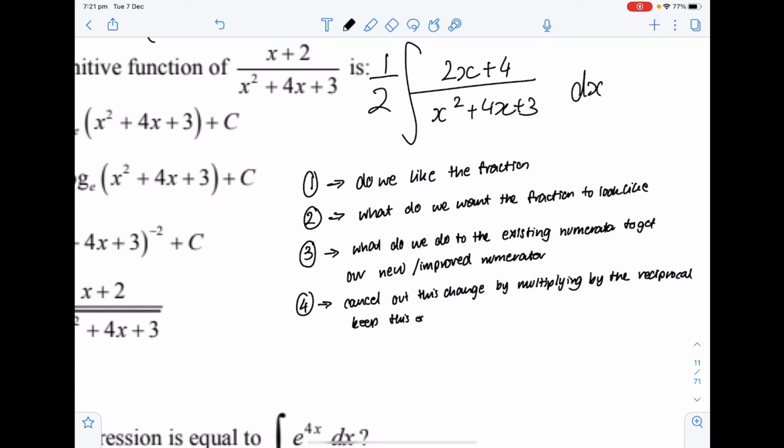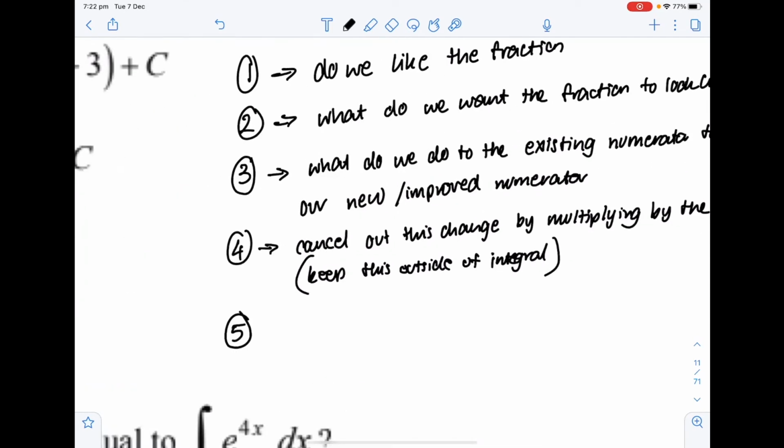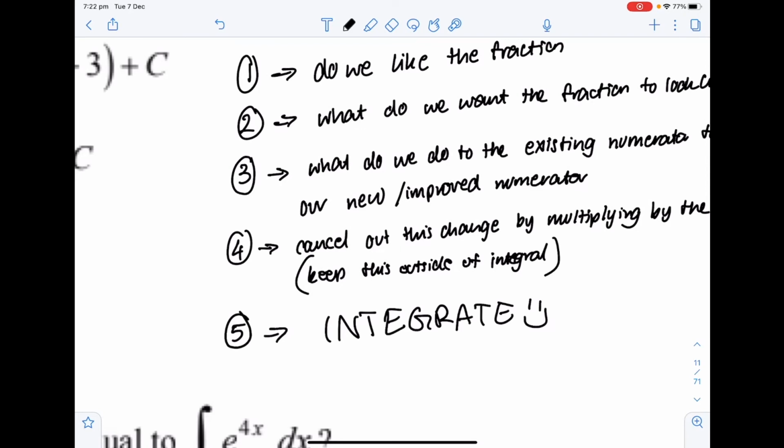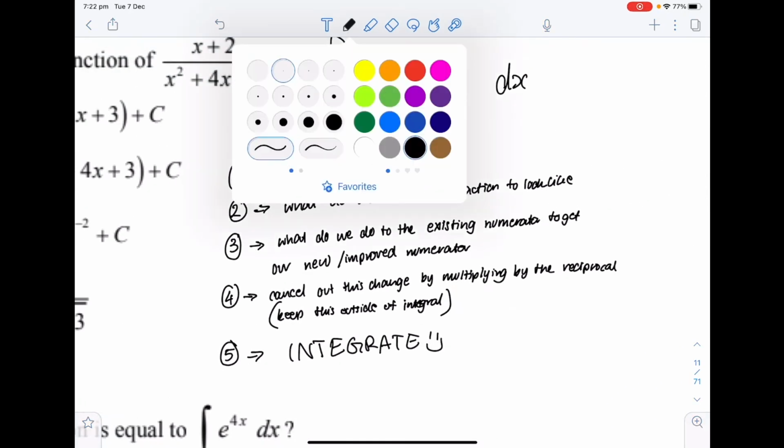So keep this outside of the integral. And then step number 5, integrate. So those are your 5 steps for manipulating equations.